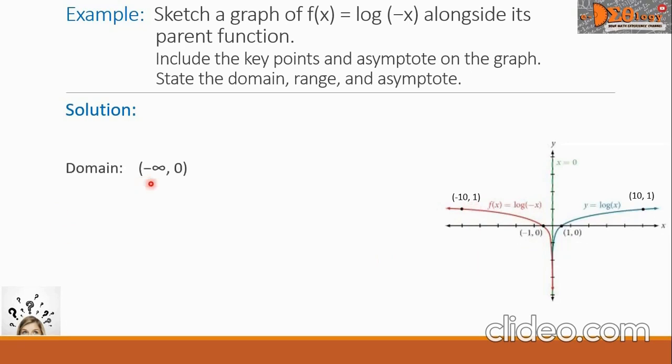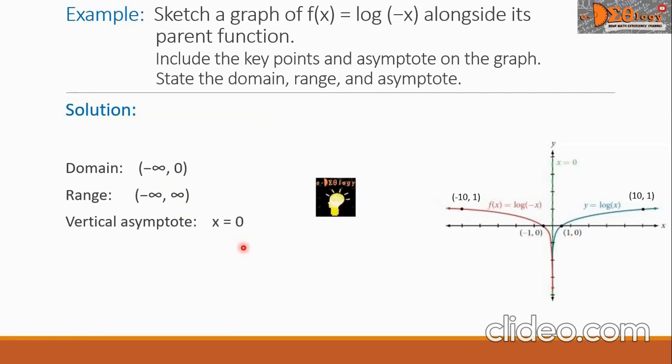For the domain, we write from negative infinity to 0. The range is now from negative infinity to positive infinity. And the vertical asymptote is the y-axis, and we write x equals 0. This is now the final answer.